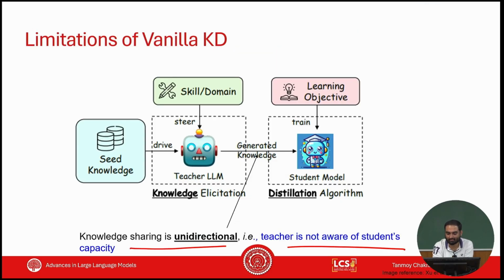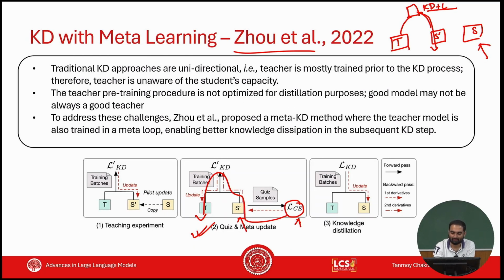In fact, this is a bit tricky step. The reason is that in this stage, I basically calculate two losses. One is the loss based on the quiz data, the other is the loss based on the normal training data. So I have a KD loss, and I have a cross entropy loss. The KD loss only gets back propagated to student, right?